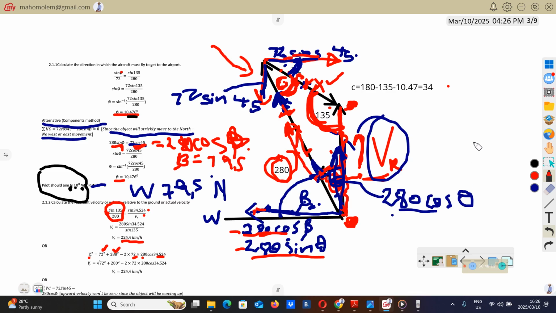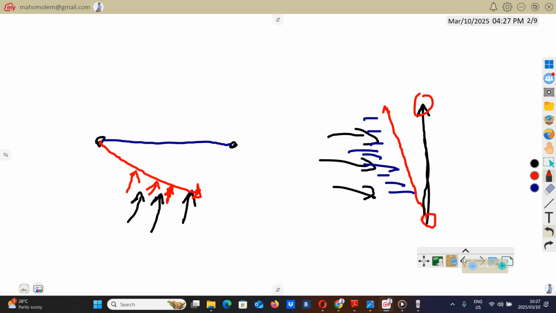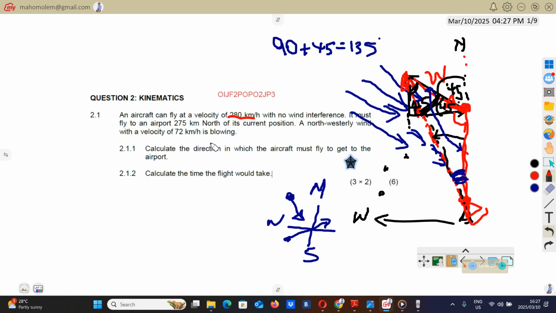So we're going to use the formula that we know, which is S equals VT. So from the question statement, they gave us this distance, 275 kilometers.